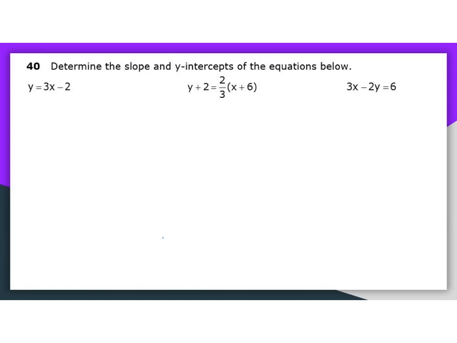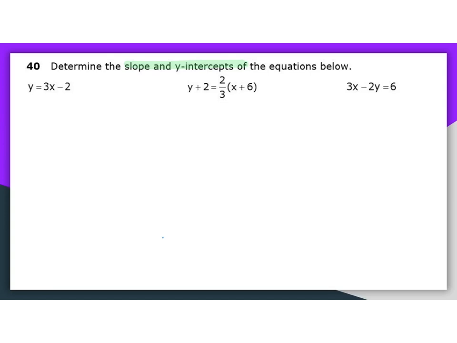Question 40 is asking us to determine the slope and the y-intercepts of all these equations below. This is where you need to make sure that you understand what form the equations are given to you in. This first equation, y equals 3x minus 2.